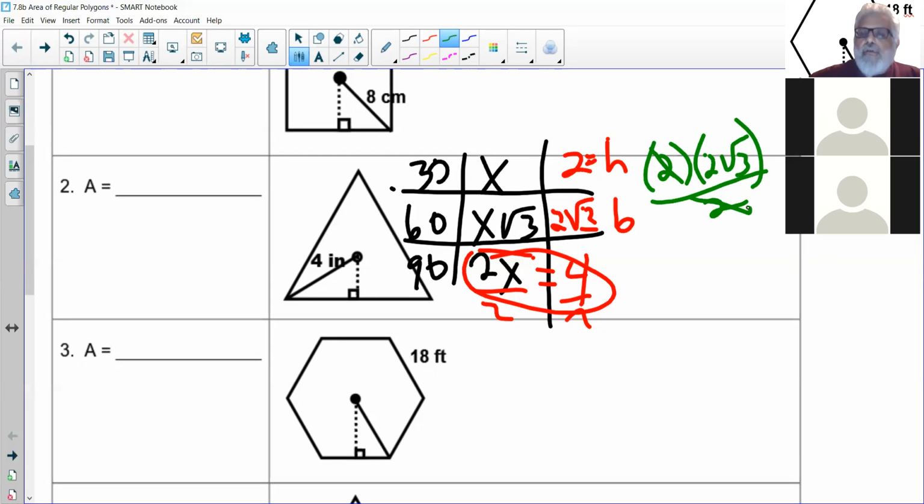The twos cancel, and I'm left with 2 square root of 3. Now what will I multiply that by? My last step.